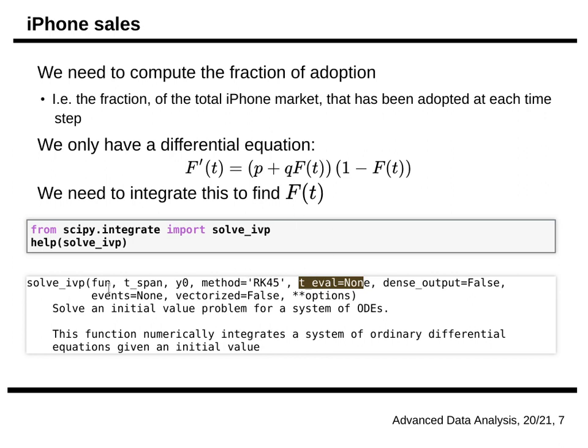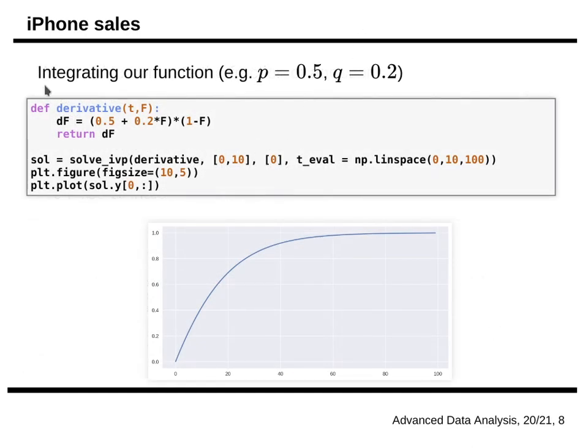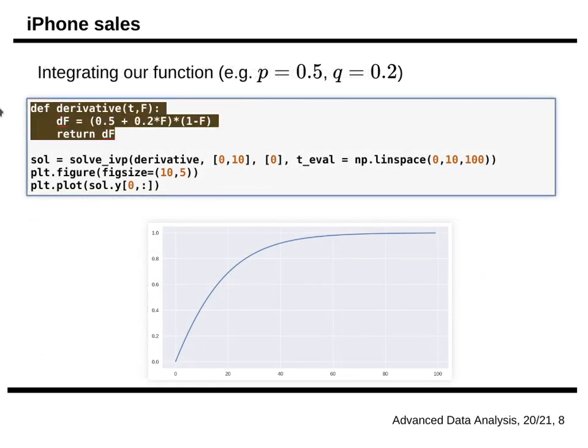So basically, if we write the function for the derivative, we can use this one to integrate given some initial value. In our case, the initial value will be 0. This is the adoption of the product at the beginning of when we're counting the time, and then we obtain the integral of that derivative, which is the function we are interested in. Okay, so let's write the derivative function.